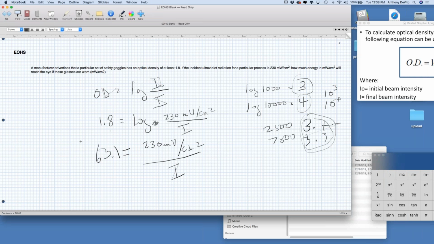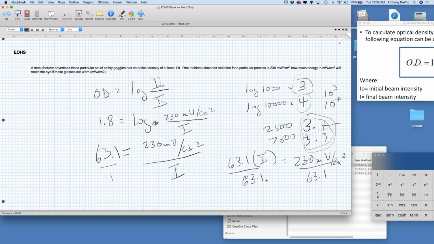Okay, so now I'm old school, so I'm going to go through this entire process. I'm going to cross multiply, so 63.1 times I is equal to 230 milliwatts per square centimeter, and divide by 63.1.